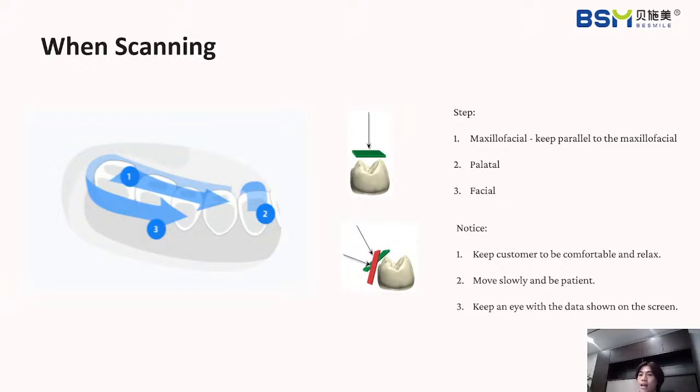Then scan the palatal, and in the end, scan the facial side as the picture shows. You can see here, right? We first scan this, and then turn our scanner to the palatal, and we move from this point to this one, and then we scan the facial side in the end.